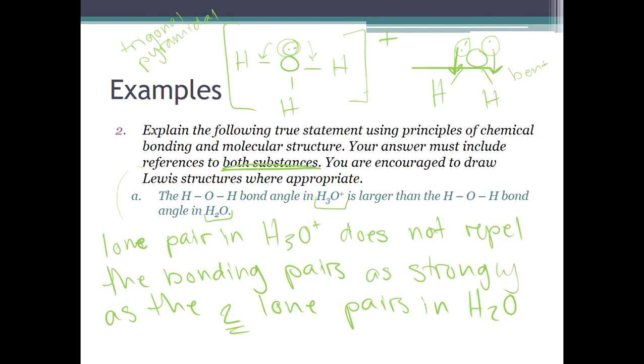You can definitely and should definitely go into more detail than that. There's a more thoroughly written out answer on the keys on my website, but this is the general basis of the idea. Here we have only one lone pair pushing all these bonds closer together. Here we have 2 lone pairs, they kind of look like Princess Leia, pushing these bonds very close together. So these are going to end up way closer together than these over here.